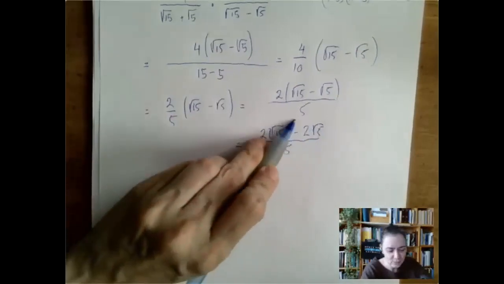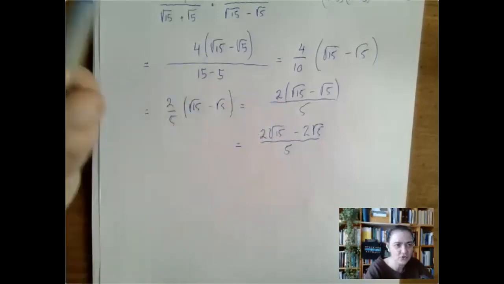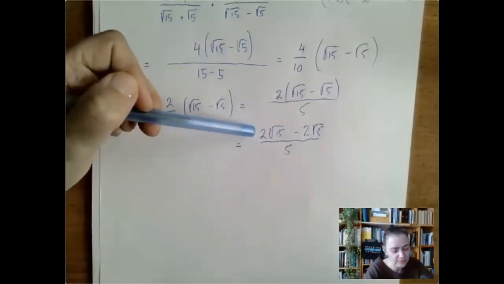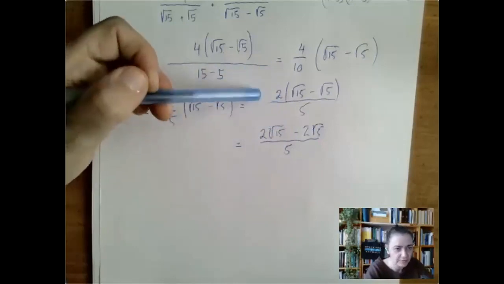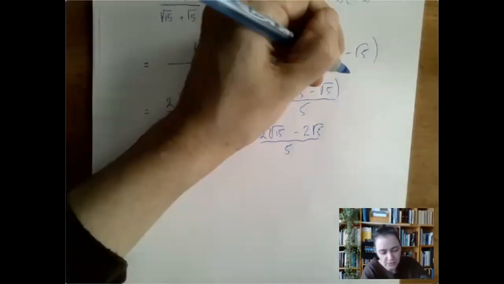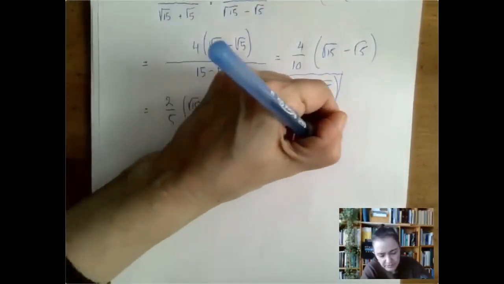Technically, this is more simplified than this, but I kind of feel like that's not true, because if you're worried about this fraction not being in lowest terms, you would have to factor top, factor bottom, and that is in that form where you see that there is nothing in common. You might think that, oh, well, 15 and 5, they have something to do with each other, but not in this case. So these are the possible formats of the final answer.